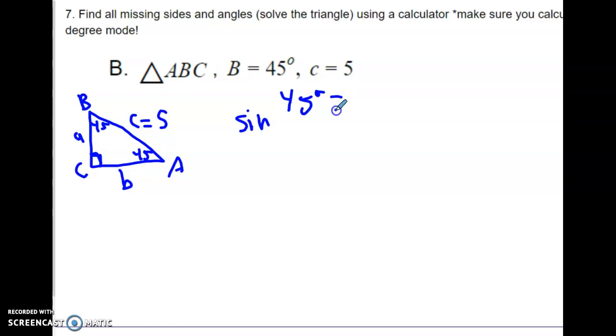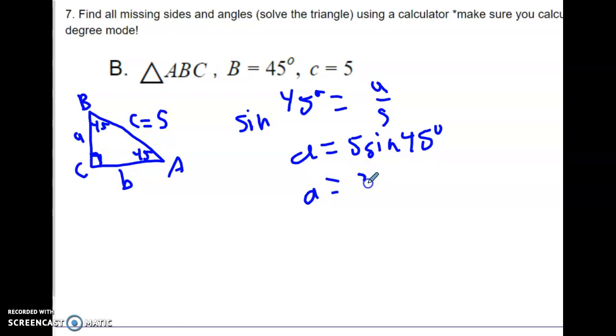Sorry, I'm writing all over the place there. When you solve that, you get A is equal to 5 times the sine of 45 degrees. You plug that in your calculator, and you find out that A is 3.5.